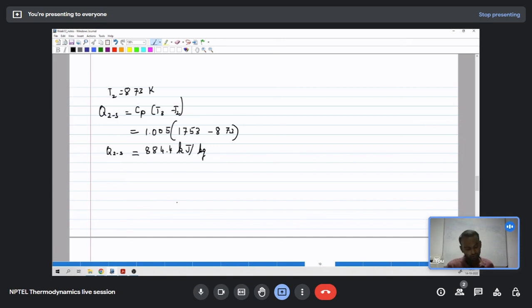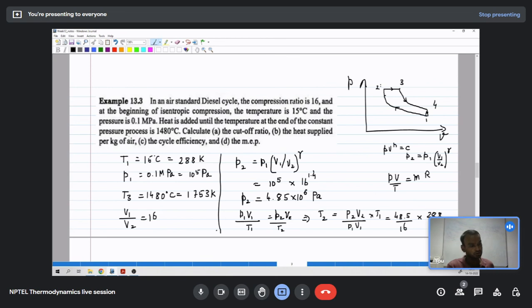And then we need to calculate the cutoff ratio, which is V3 by V2. So we need to calculate the volume at 3.